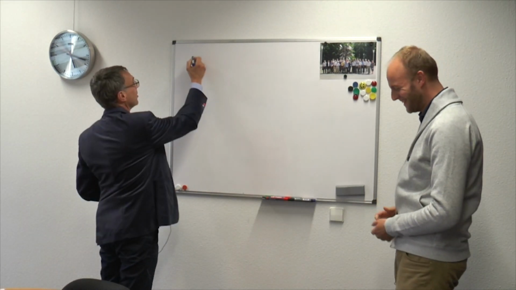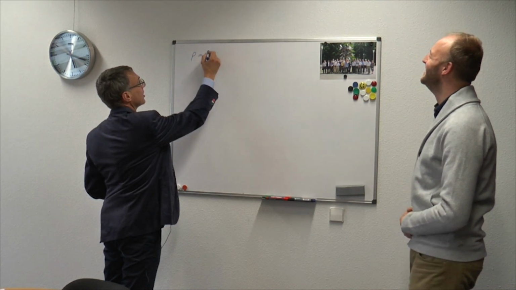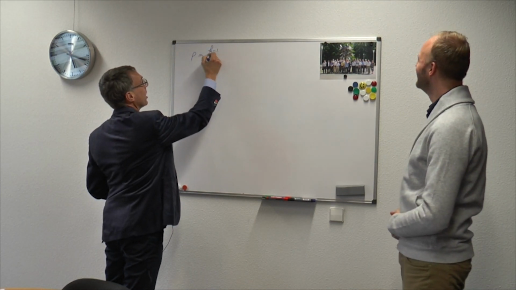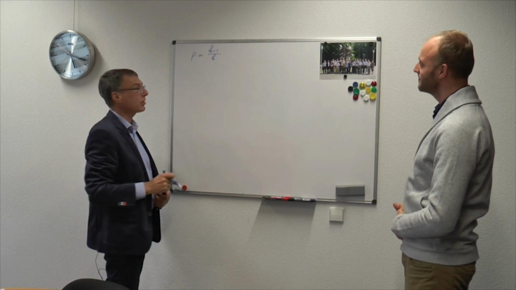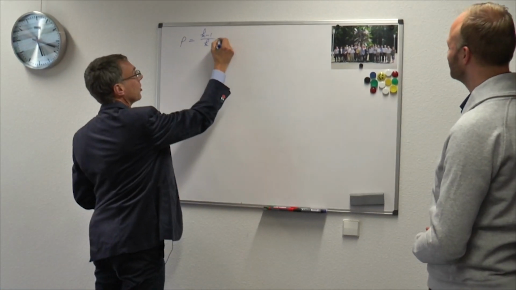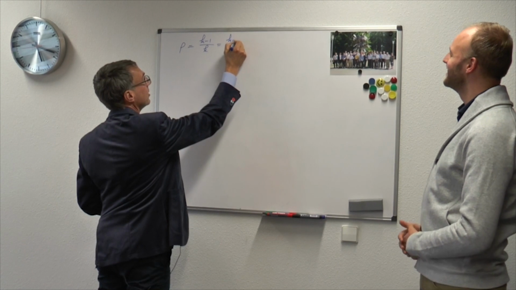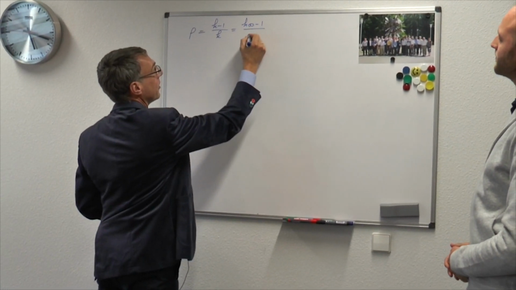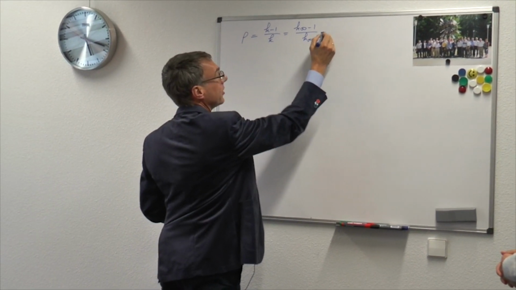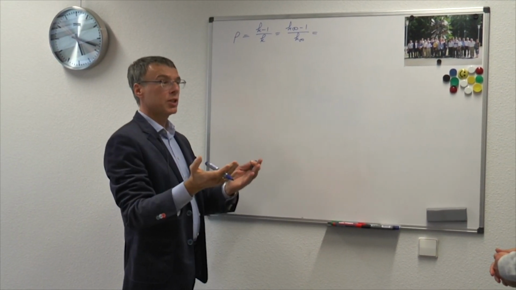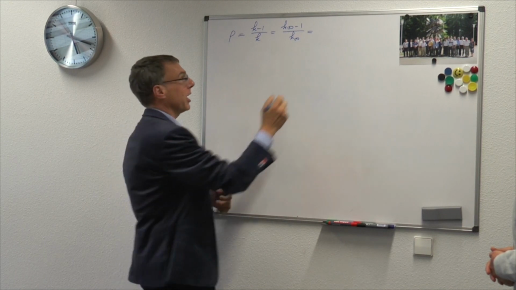If you have reactivity, we know that the reactivity is k minus 1 divided by k, where k is the multiplication factor. So for an infinitely large reactor we have k infinite minus 1 divided by k infinite. And k infinite we know is nu sigma f divided by sigma a.